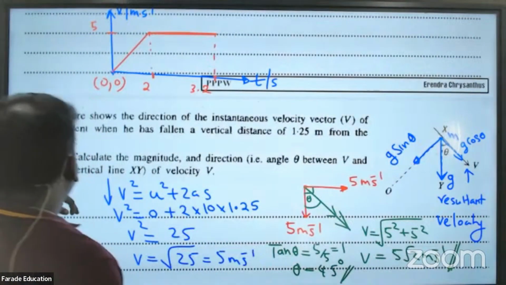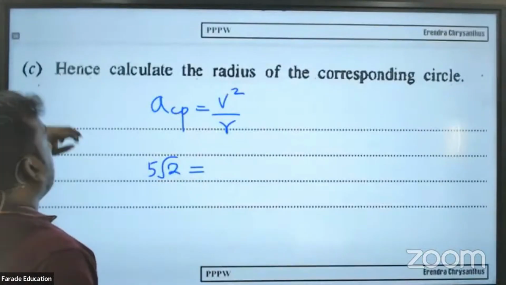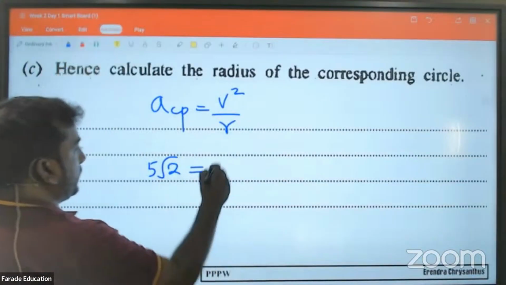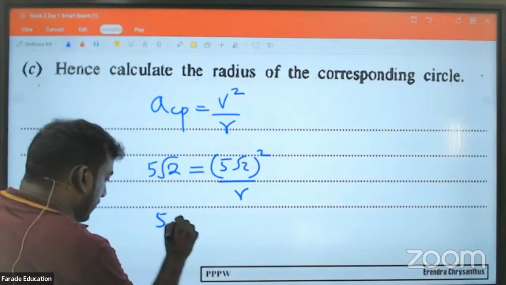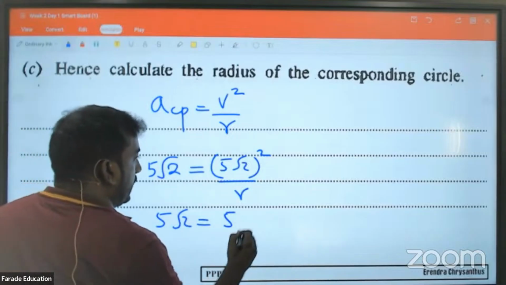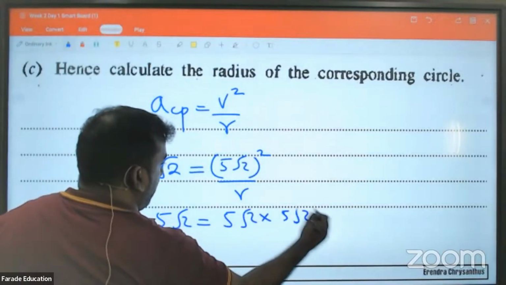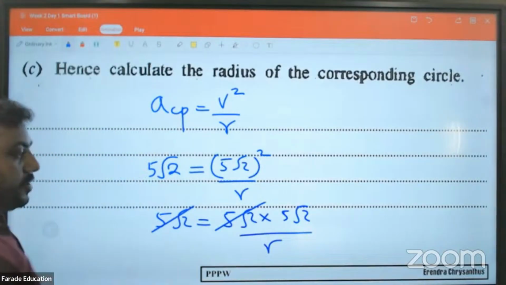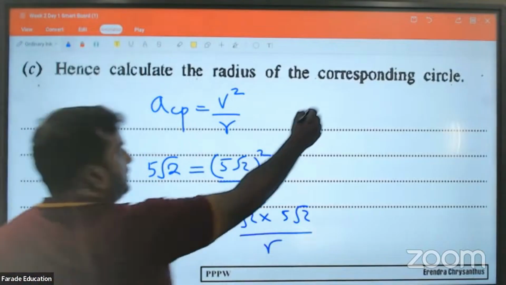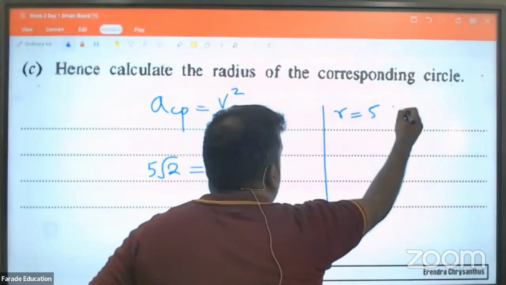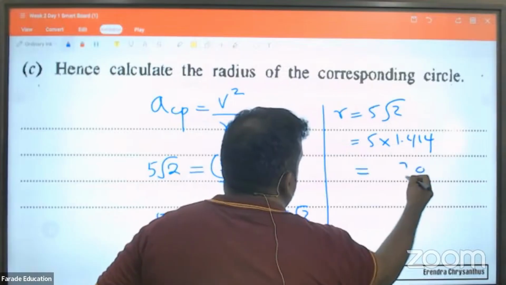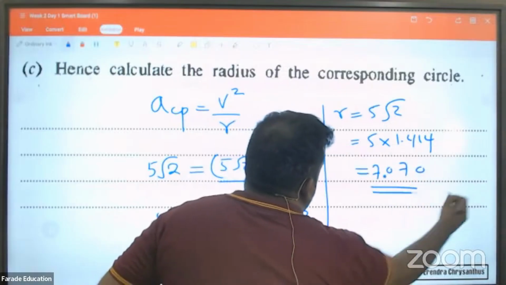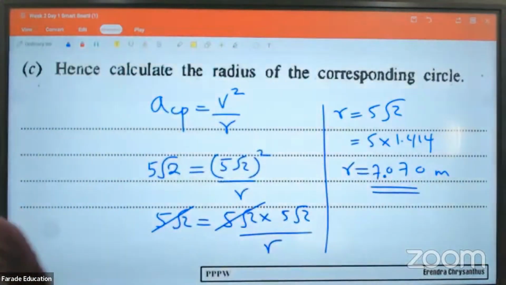So 5 root 2 squared divided by radius. 5 root 2 multiplied by 5 root 2 divided by r. One 5 root 2 cancels. From this you have your answer. r is equal to 5 root 2, 1.414. 7.07 meters. Radius 7.07 meters.